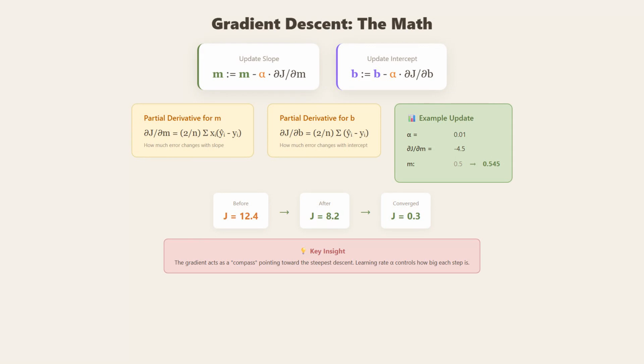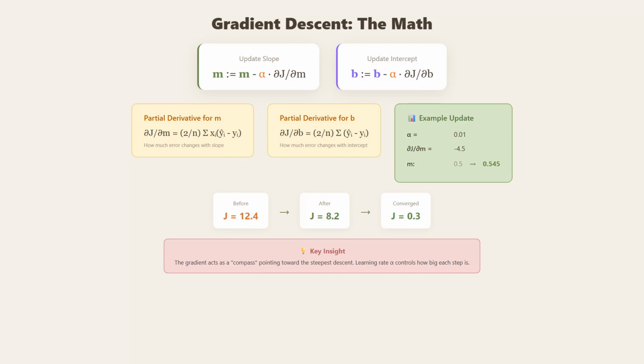Let me walk you through a concrete example. Say our learning rate, alpha, is 0.01, and we calculate that the partial derivative with respect to m is negative 4.5. This means increasing m would decrease our error. So we update m by subtracting alpha times negative 4.5, which means we add 0.045 to our current m value.